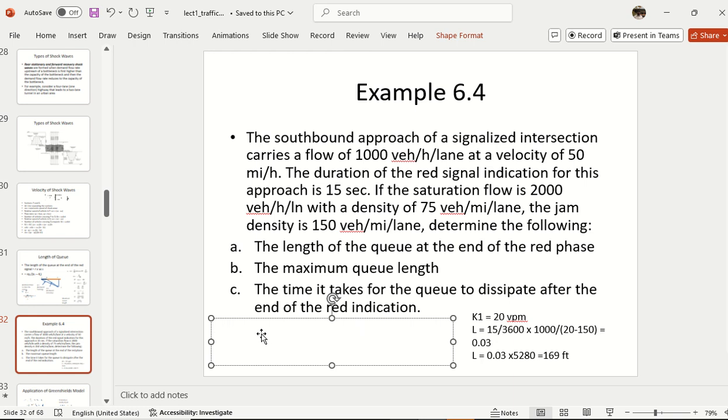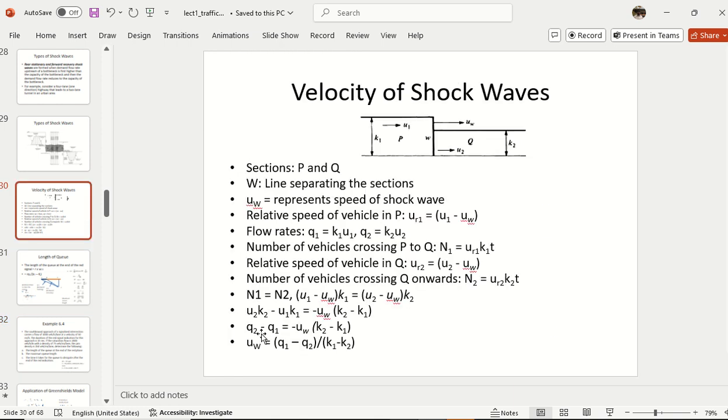Okay, W13, the forming shock wave, it was Q1 minus Q2 upon K1 minus K2, right? Q1 is 1000. I showed you the new equation, right?